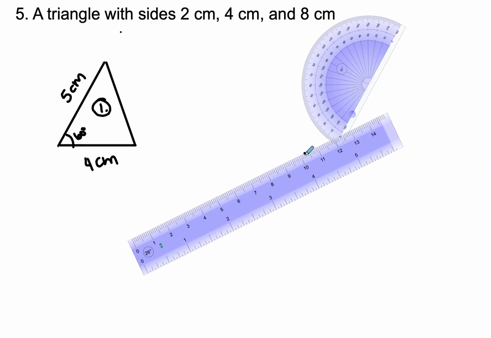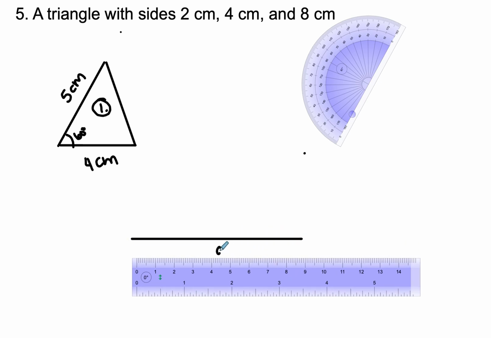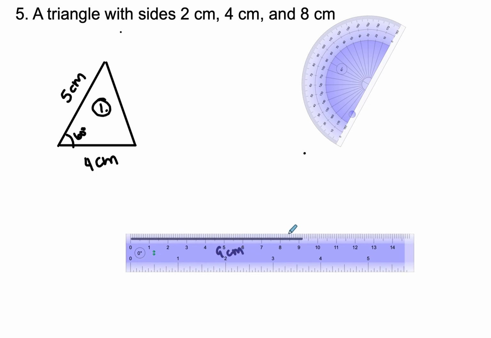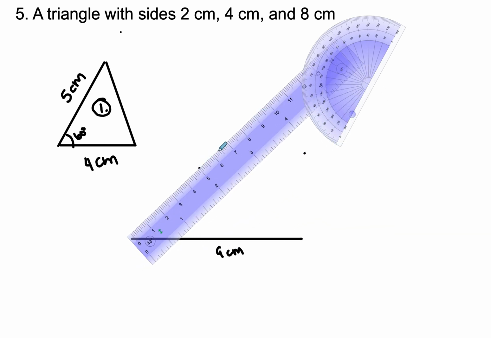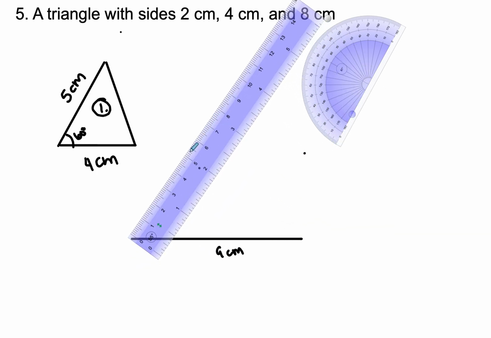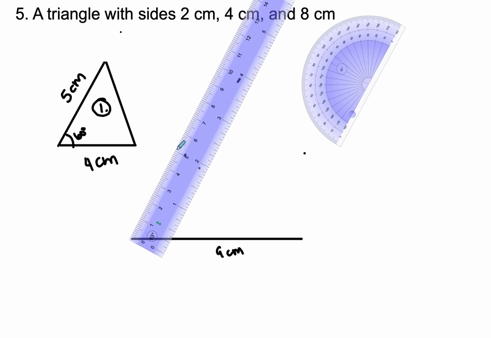My smart tools are hard for me to do. Okay, let's see. I'm going to go ahead and just do my 9 on the bottom. 9 centimeters. And then I would have to figure out how to do, let's see, 5 would be here or here. That would be 5.